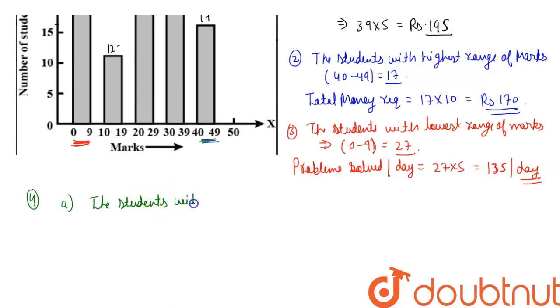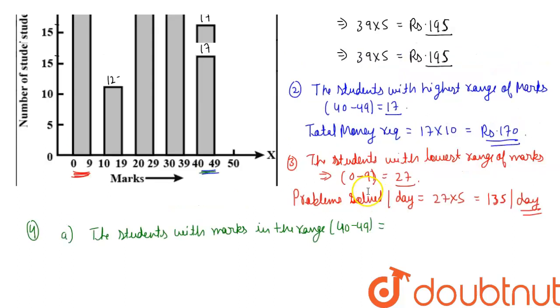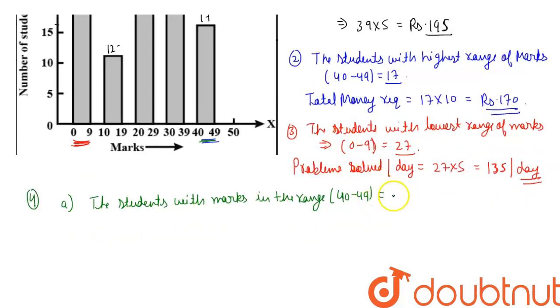In this range there are total, here we have the 17 number of students from this graph. So here we have the 17 students in this range.